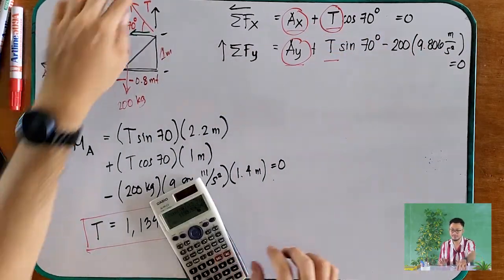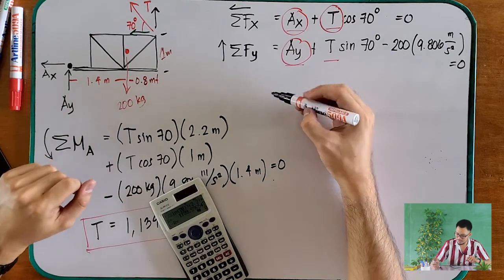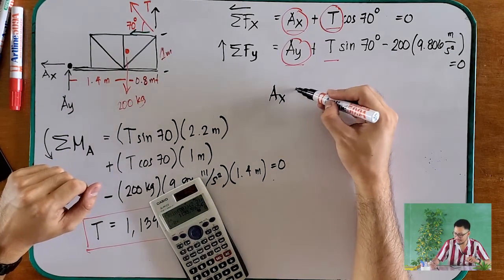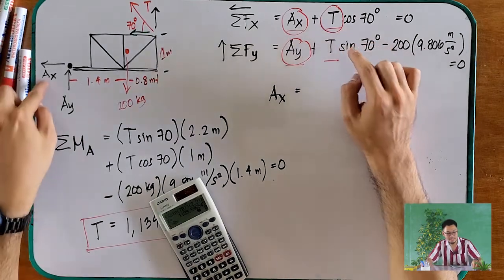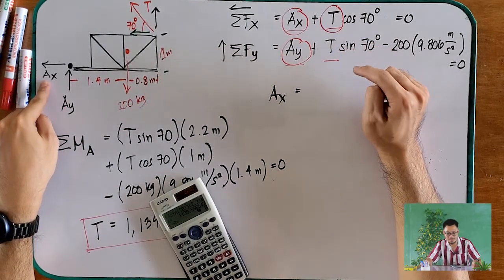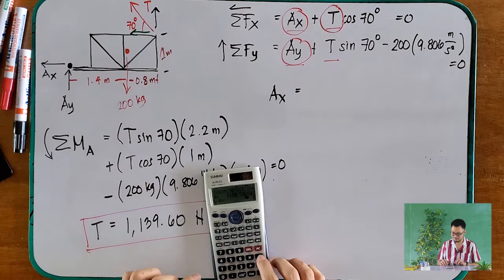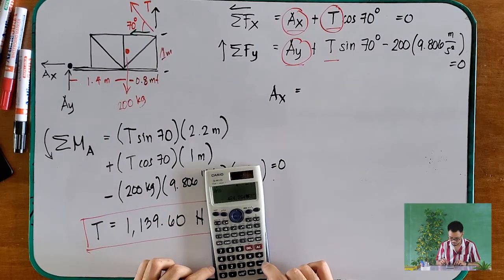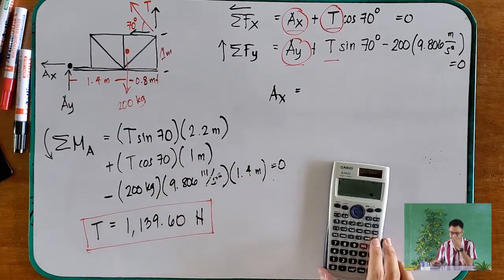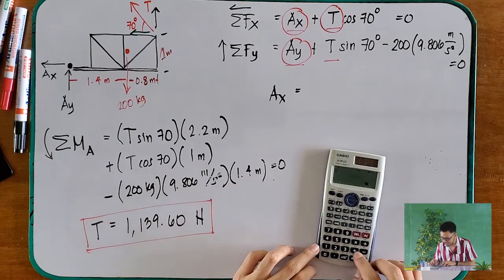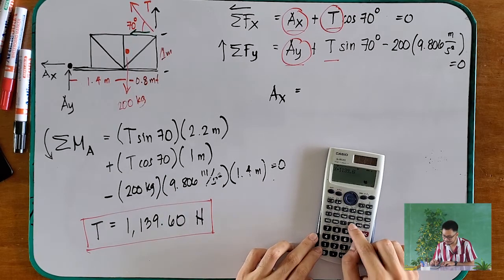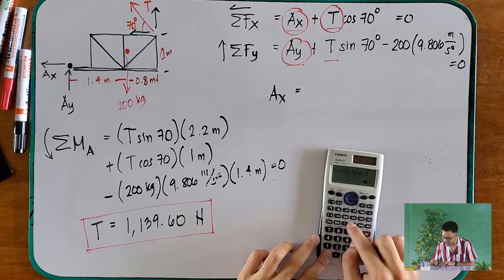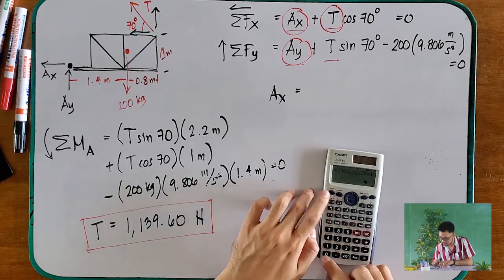Let's go to AX. So, AX is equal to, let's look at the equation. I reversed the direction of our AX, so the answer should be negative. So, AX plus 1,139.6 cosine of 70 equals 0.